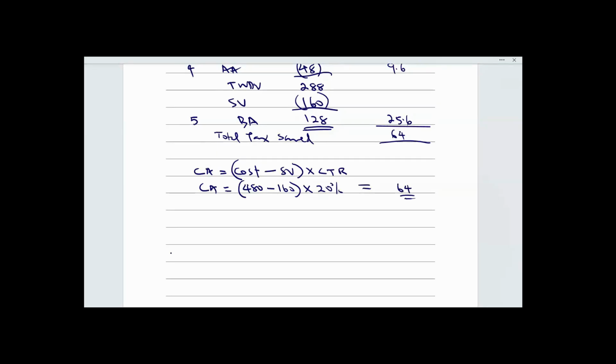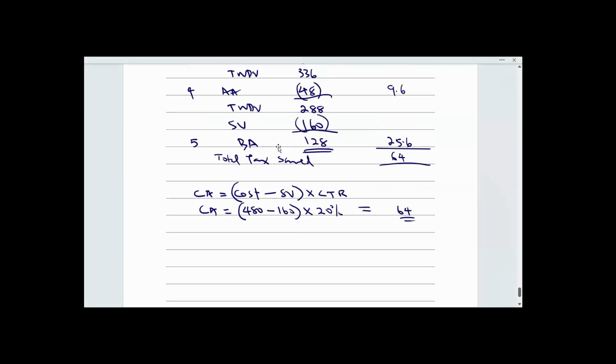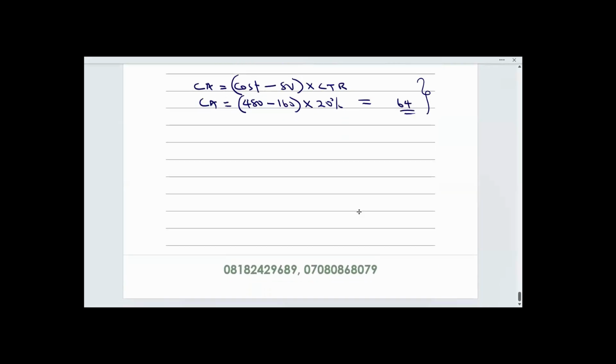Let me confirm. 480 minus 160, multiplied by 0.2, that's 64, correct. So that means we have not claimed beyond what we are supposed to claim. The essence of this is to confirm that you have not claimed more than you are supposed to claim.